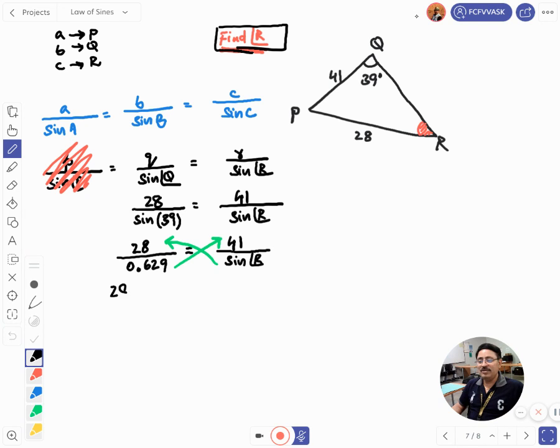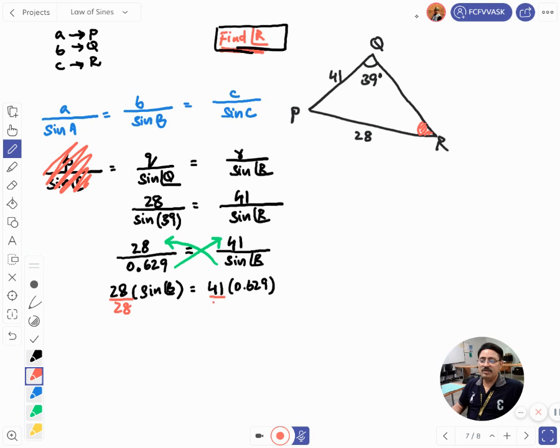So 28 times sine R equals 41 times 0.629. You know how to isolate the variable.